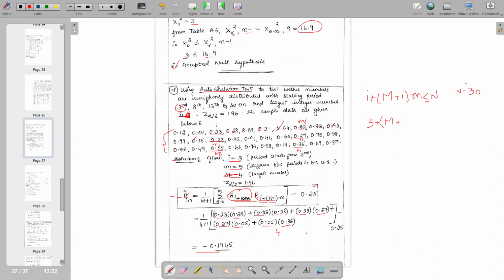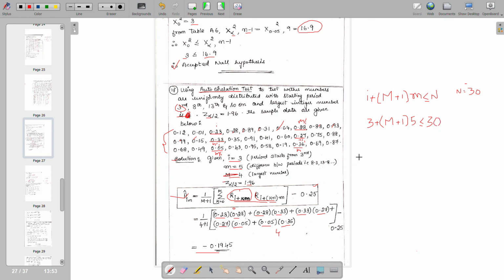Small m value is 5. It should be less than or equal to 30.